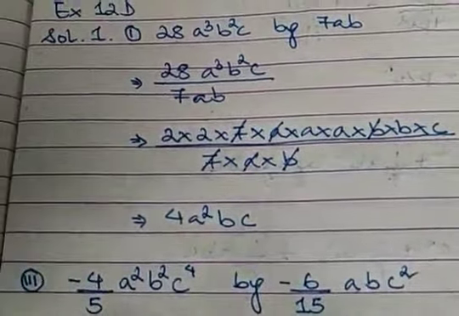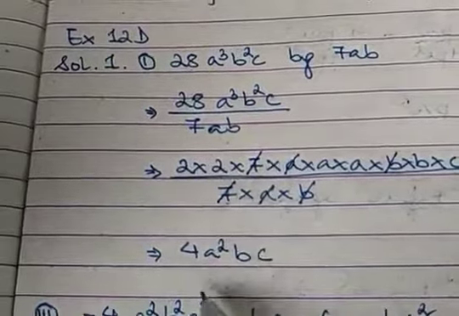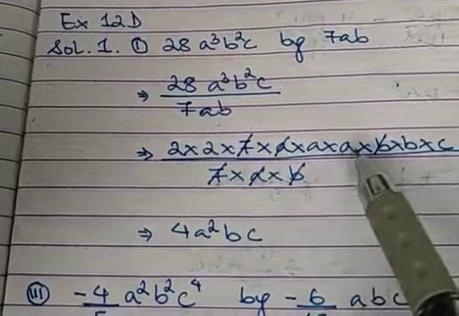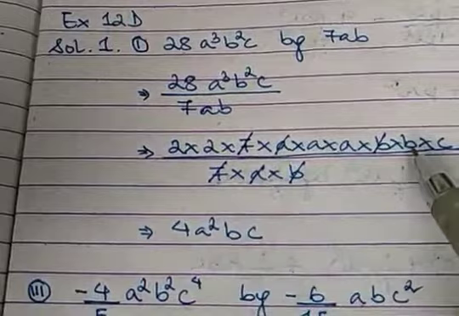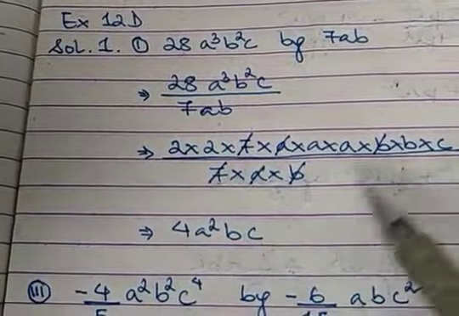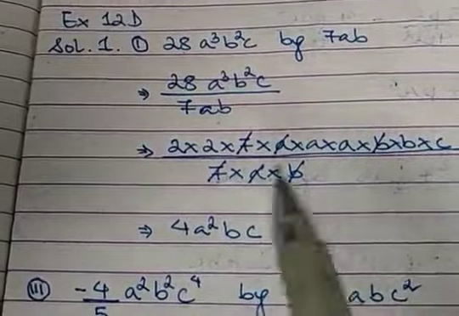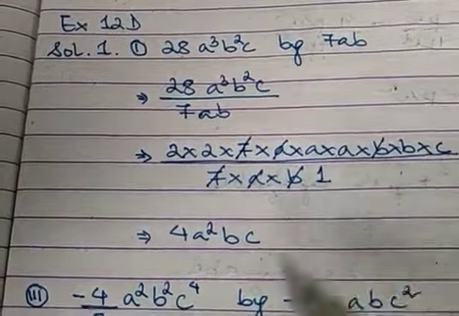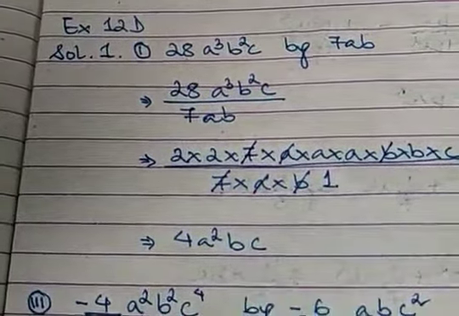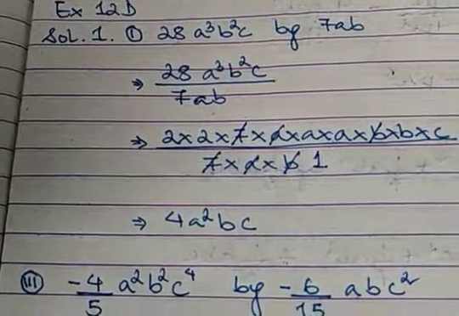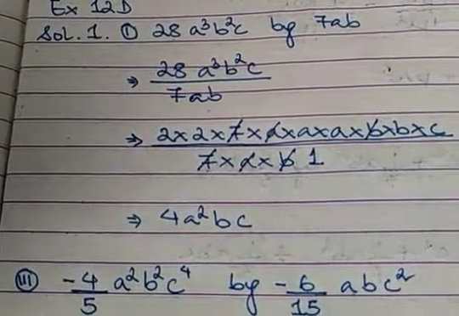What's left in the numerator? 2 into 2, 4, then a into a, a squared, one of the b and c. What's left in the denominator? It's not 0, remember. There's always 1 left in the denominator, so we don't need to mention it, and we keep our answer as it is.